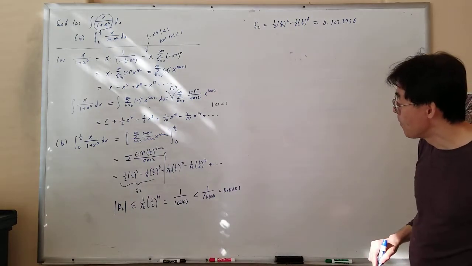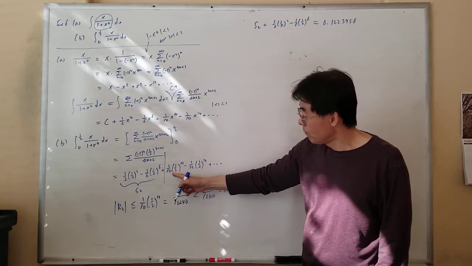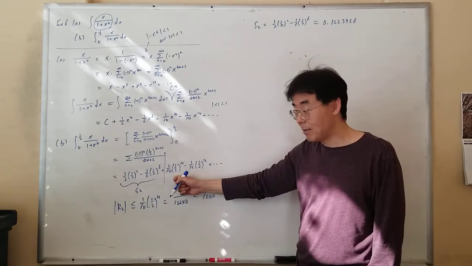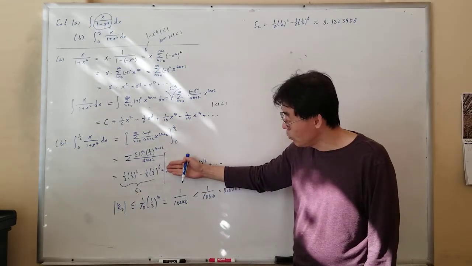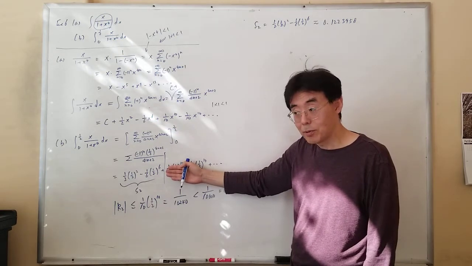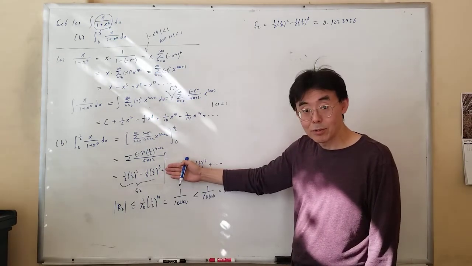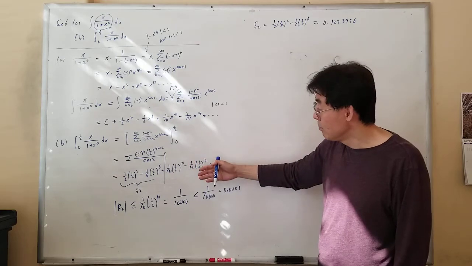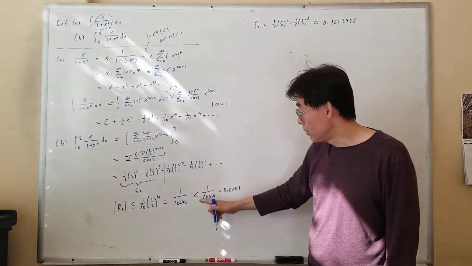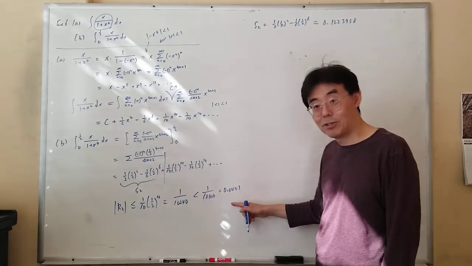Now, because the first term after the cutoff was positive, that means our true value will be a little bit larger than S2. So it's an underestimation. So your true value is a little bit larger than this, but no more than this much, right?